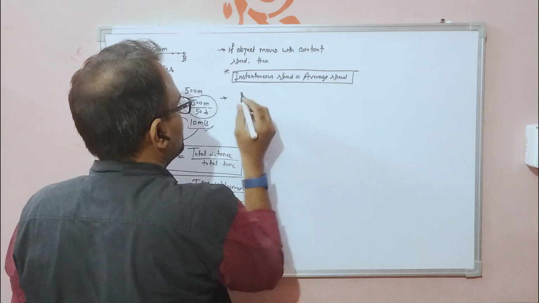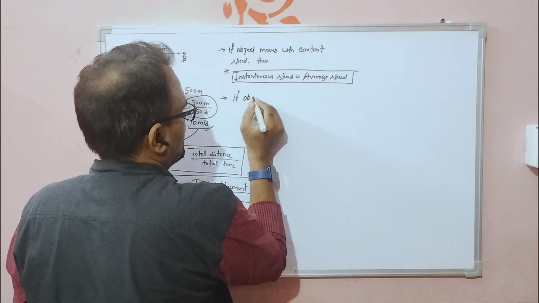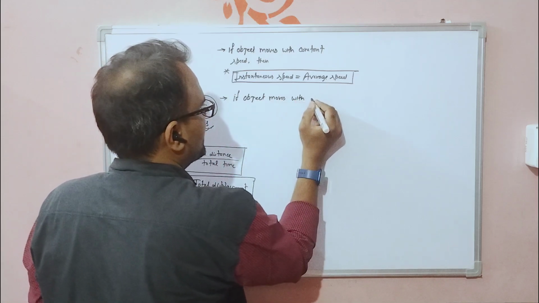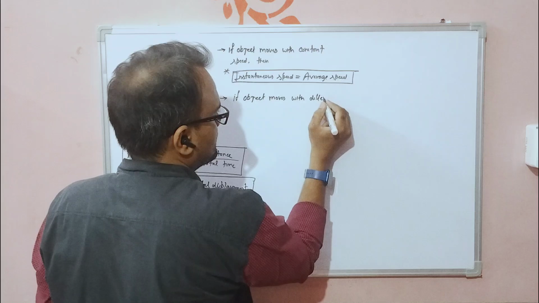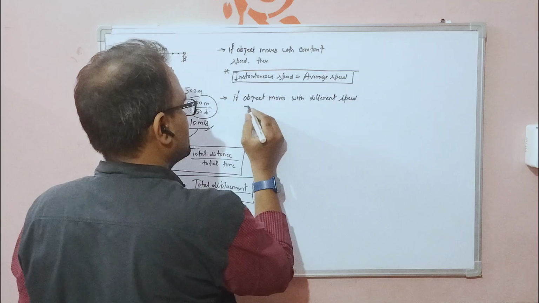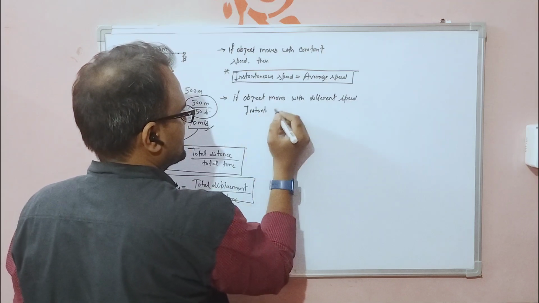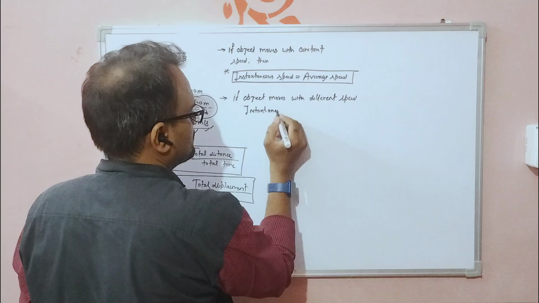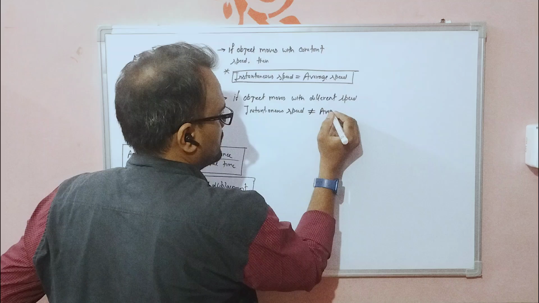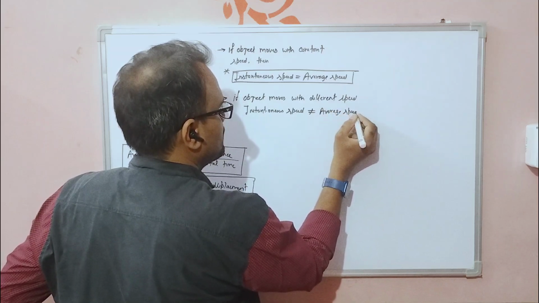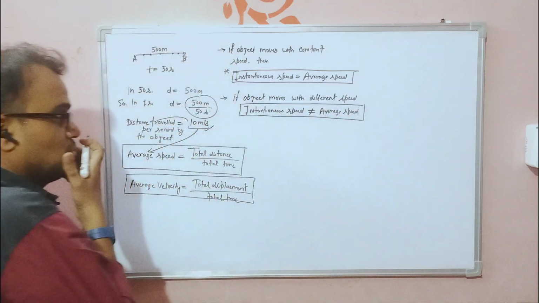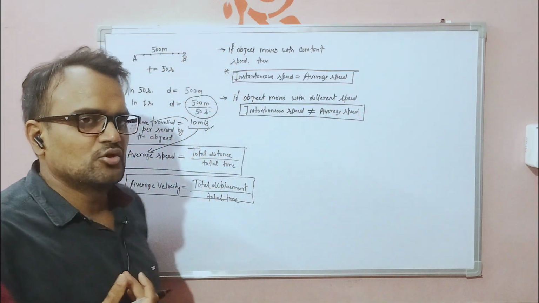For this case, we can write: if the object moves with different speed, then instantaneous speed is not equal to average speed, right? So this is a very simple understanding of this concept.